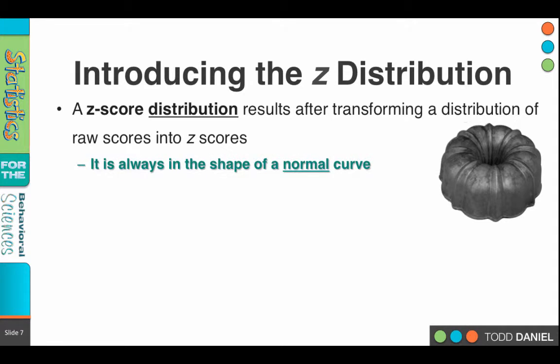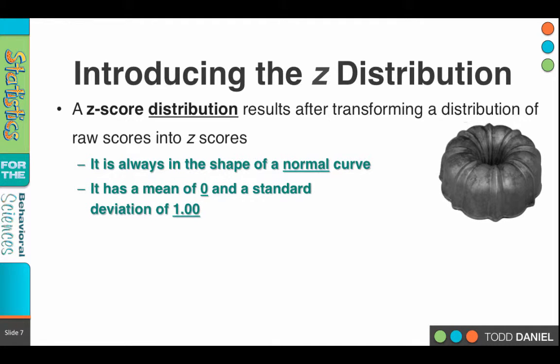Now the z-distribution itself, the larger z-distribution, is always in the shape of a normal curve. If you transform a non-normal distribution into z-scores, it doesn't change that distribution into a normal curve. But we're going to start with a simple example using z-scores in the shape of a normal curve. Second, the z-distribution always has a mean of 0 and a standard deviation of 1.